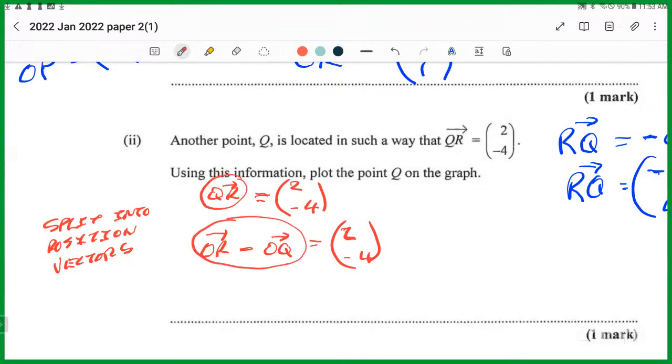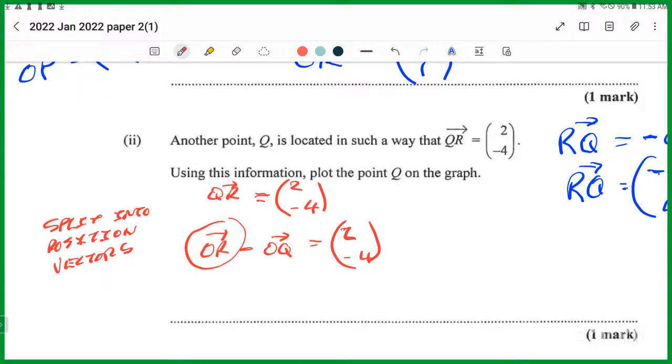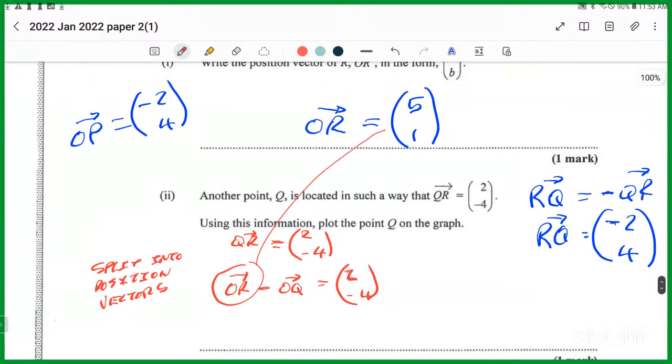What we are trying to find is OQ, so you want to make that the subject. To make that the subject, you can take this and bring it over this side, making it positive, and then take this and bring it over this side. Remember that OR, we have it up here, it's (5, 1).